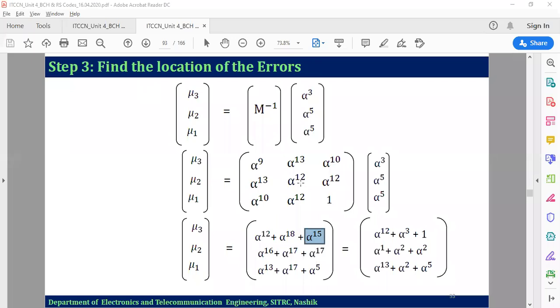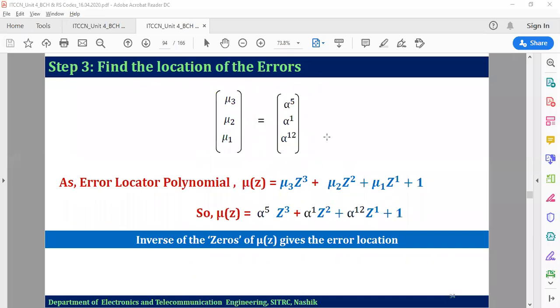What is mu3? Alpha 5, alpha, and alpha 12. Okay. So mu3 is alpha 5, mu2 is alpha, and mu1 is alpha 12. Okay. Correct.